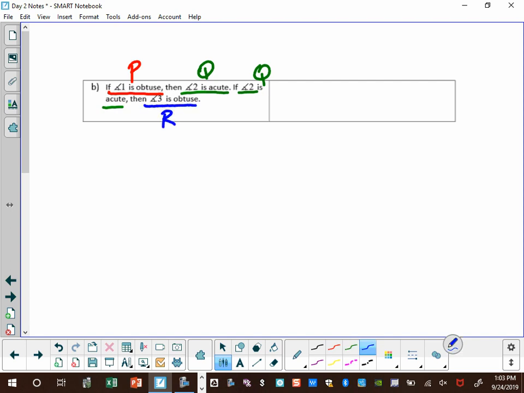Do I have a middleman there? Both of your conclusions are in the middle, right? You see Q and Q side by side? It's in the middle of R and R.